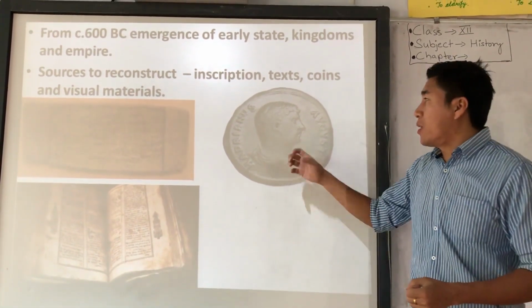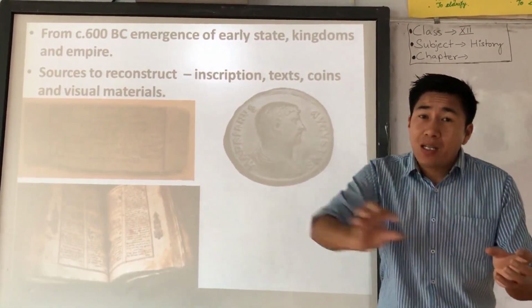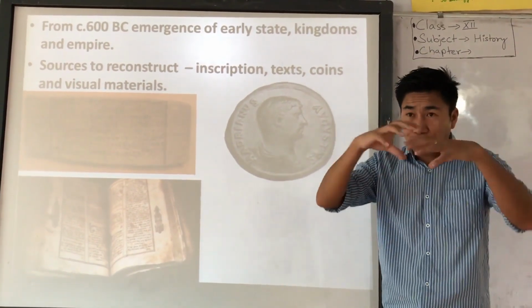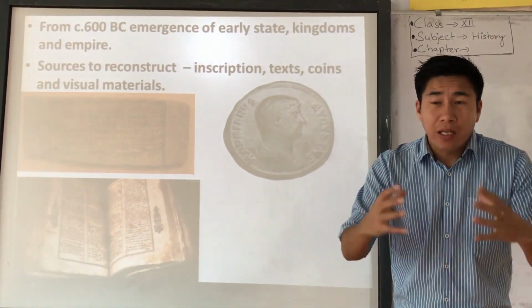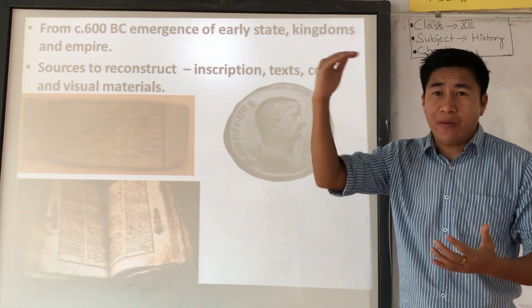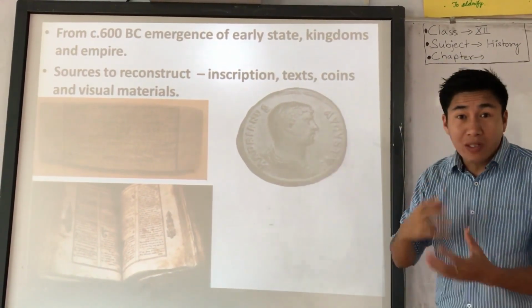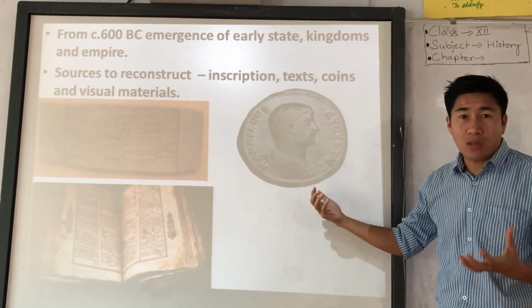Not only that, some coins also contain the period when he ruled, or the reign of the king. By looking at these dates, it helps us arrange the chronology of different dynasties. So it helps us reconstruct history. A very important source.